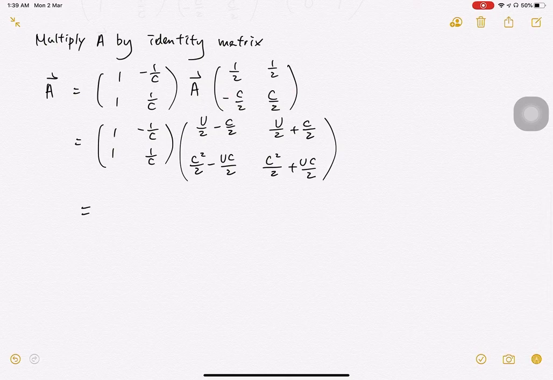And then it will be equal to U minus, and then this one minus c over 2 plus.